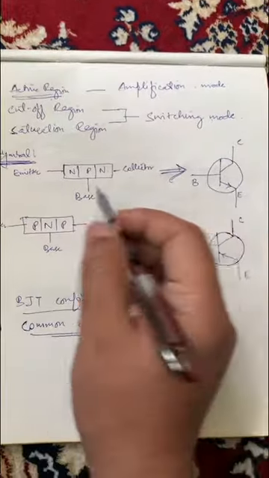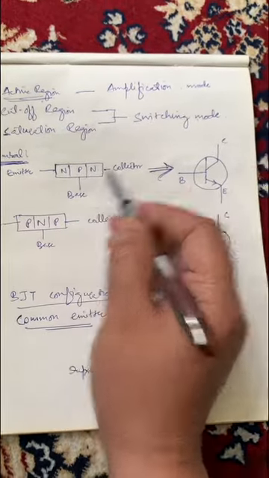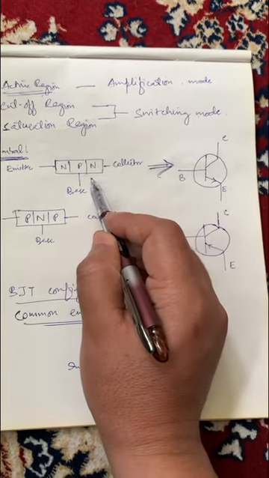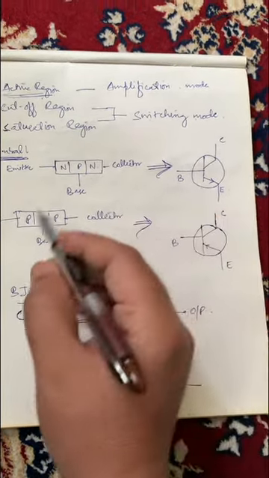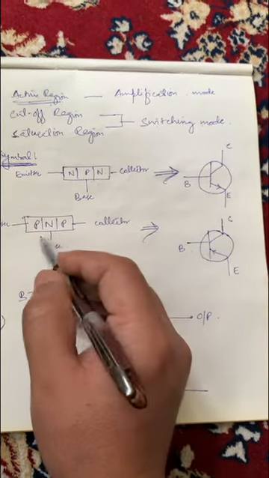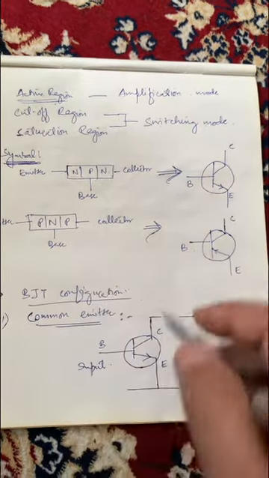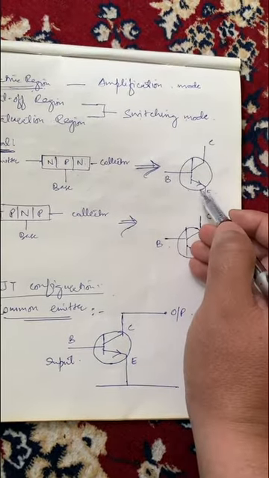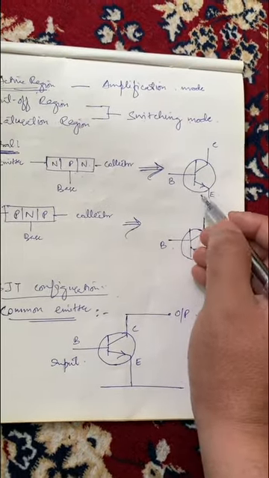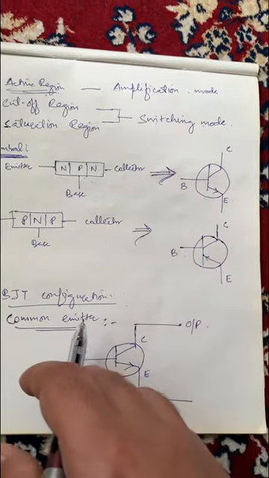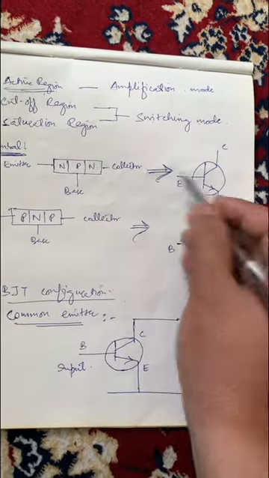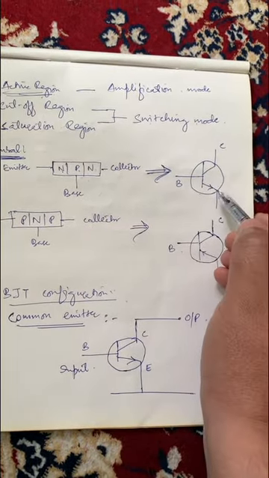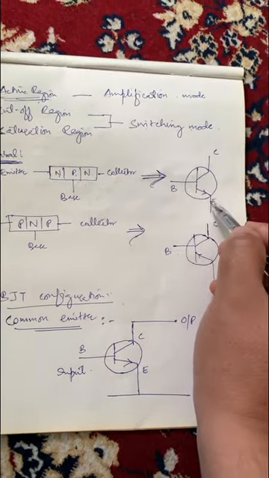Here is the layered structure and the symbolical structure of an NPN BJT transistor, and similarly for PNP transistor. This arrow indicates the direction of current during the active region of operation. In case of NPN transistor, the current will flow from the base towards the emitter.